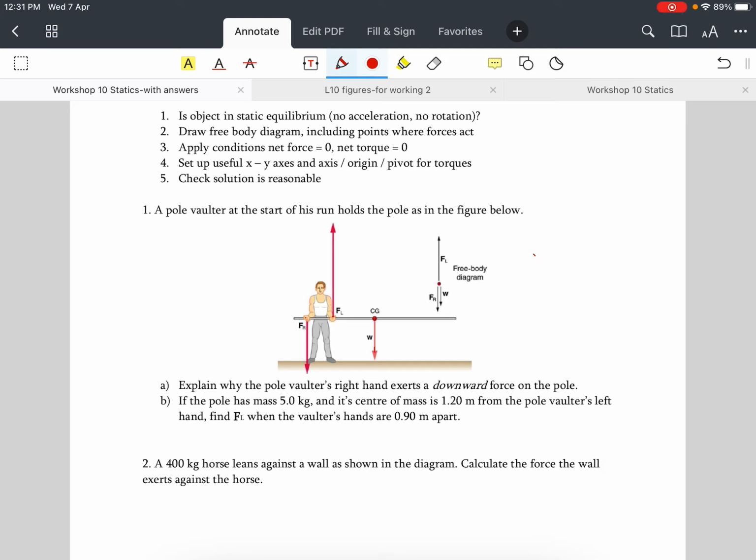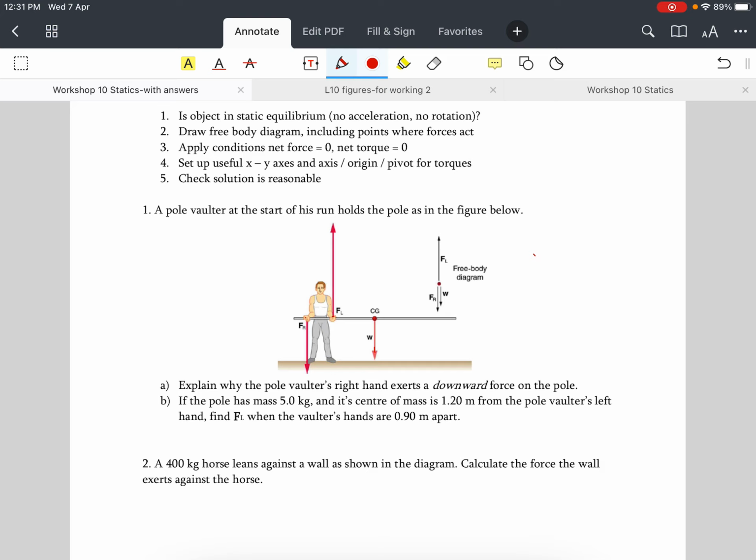The choice of pivot is arbitrary. It's up to you to choose which point you'll put your pivot point at. The tip here is to put the pivot point at the location of an unknown force. In that case, the torque will be 0 at that force, and therefore that eliminates one of the unknowns. Or put the pivot point at the point where there are a lot of forces that are acting.